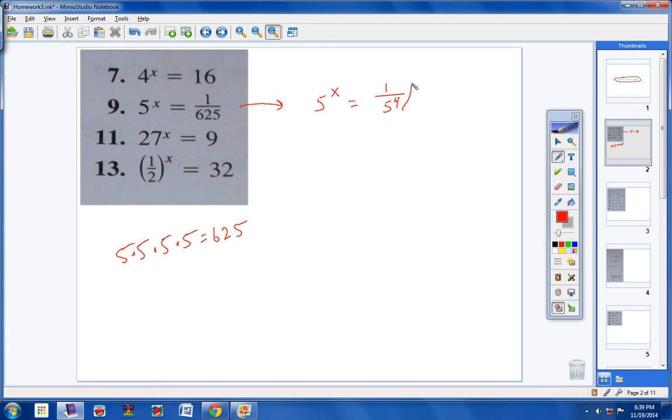Now bring this up top here, and we have 5 to the x power equals 5 to the negative 4 power. Notice the 5 does not change, just the 4 changes, okay? So we have both sides with a base of 5. Cross off your 5s and x equals negative 4. Okay, moving on to number 11.